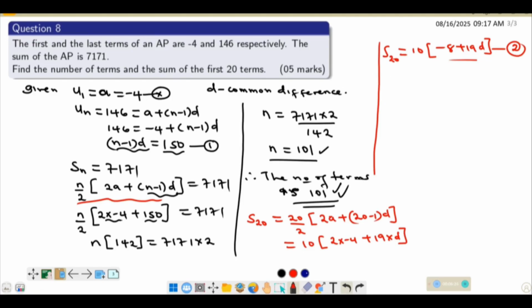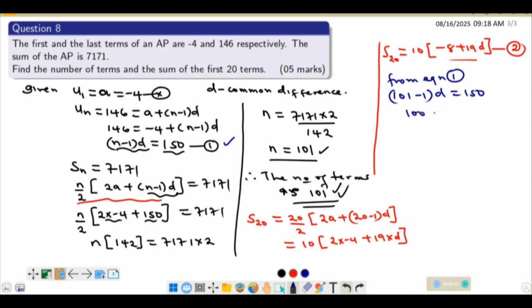So let us first look at how best we can get d. To get d, we can refer to equation number 1, because we know n, the number of terms, so we can easily get d. From equation number 1, n, the number of terms, is 101, so 101 minus 1 into d is equal to 150.